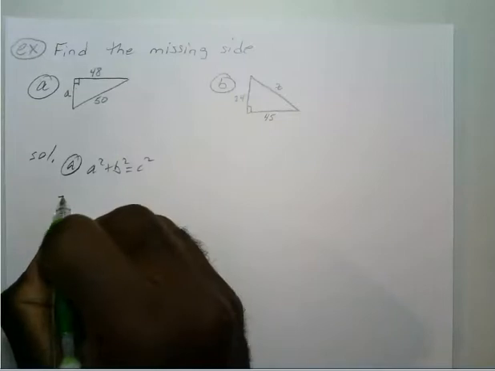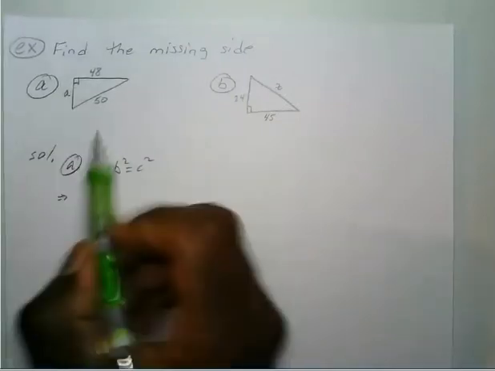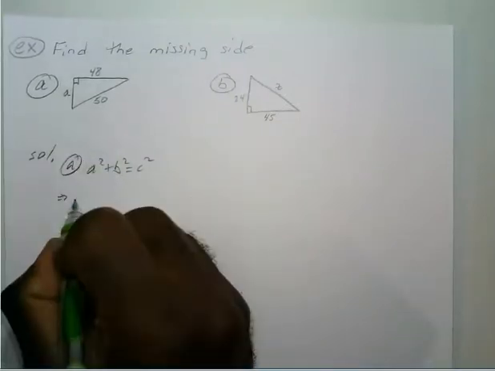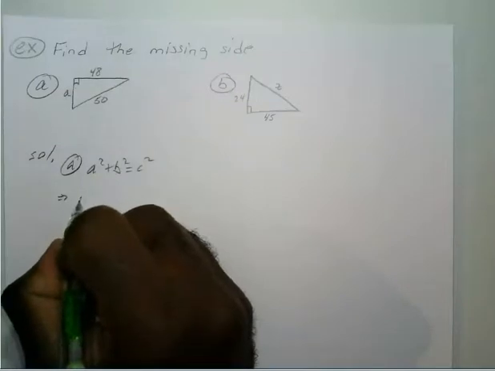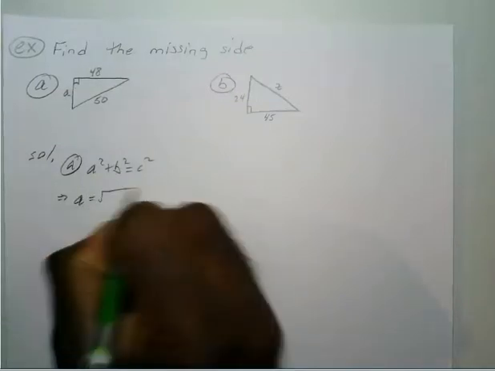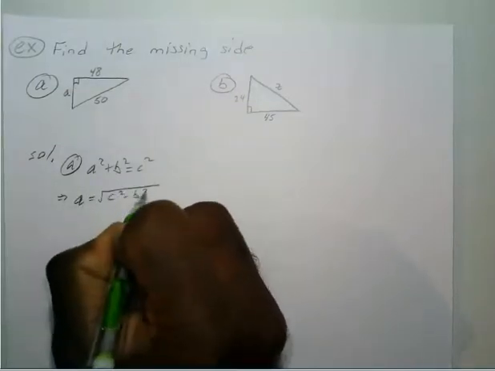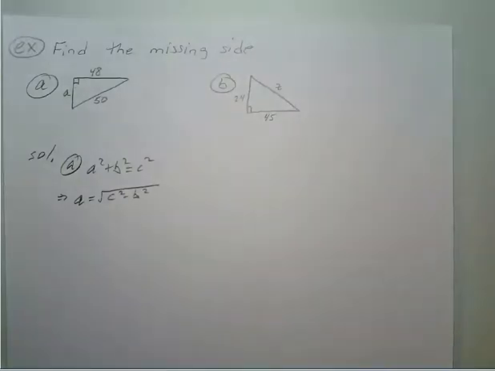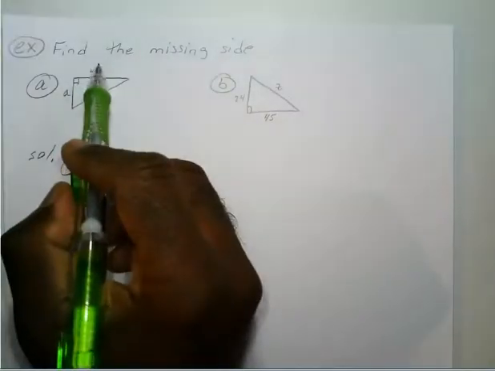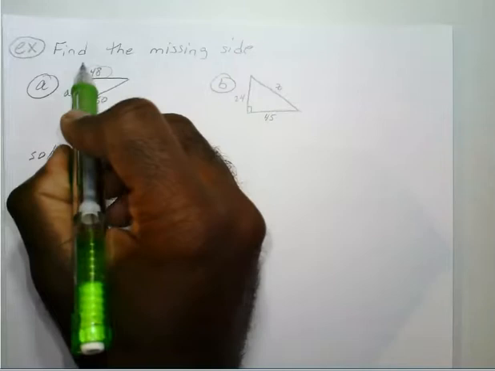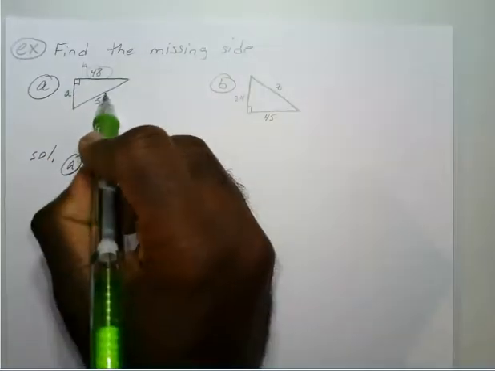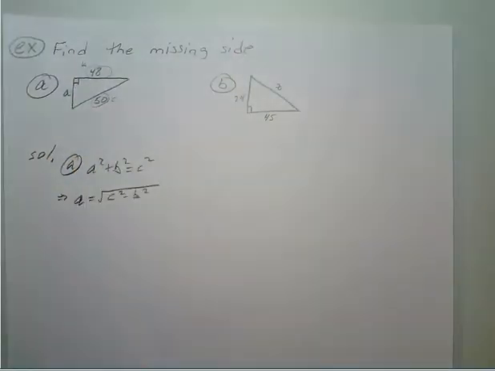Okay, so we're solving for side A, so we're going to subtract B squared from both sides and then square root both sides. So you have A equals the square root of C squared minus B squared. All right, so we see here, this is your B, and your hypotenuse is your C.